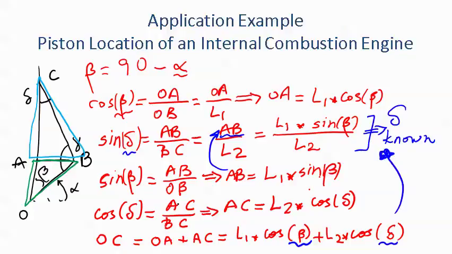So by knowing this angle of rotation alpha and the linkages L1 and L2, we can find out the tip of the piston and avoid any damage to the engine. And here we make use of the fact that the crankshaft point of rotation and the connecting point of the piston all lie on a straight line, which means that this is a planar device.